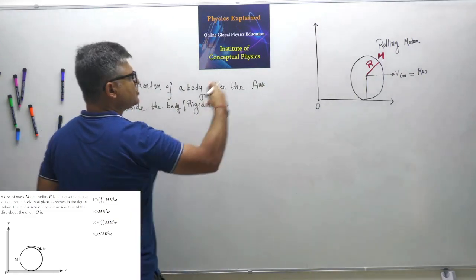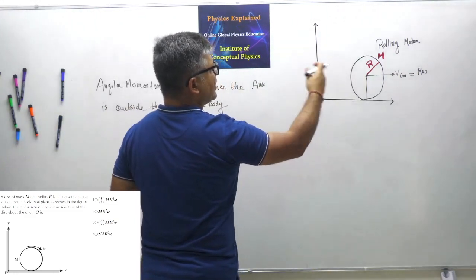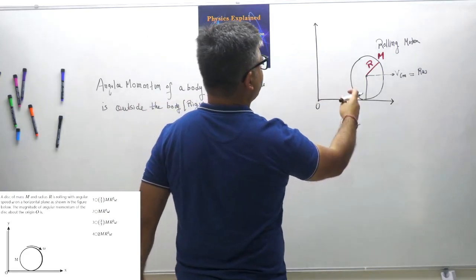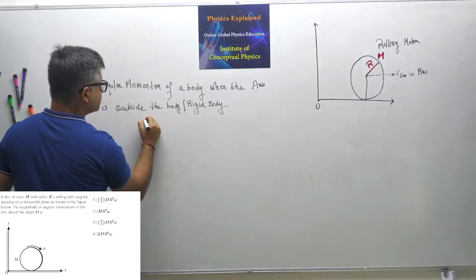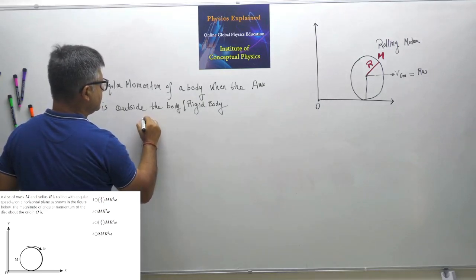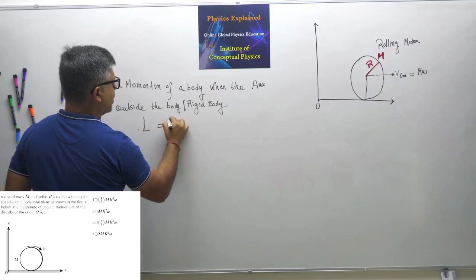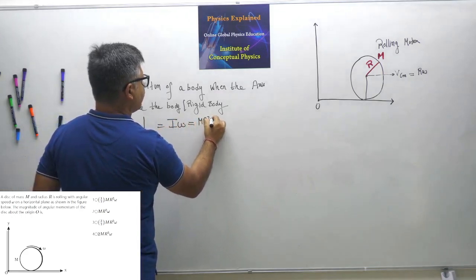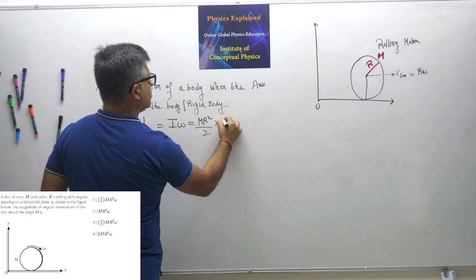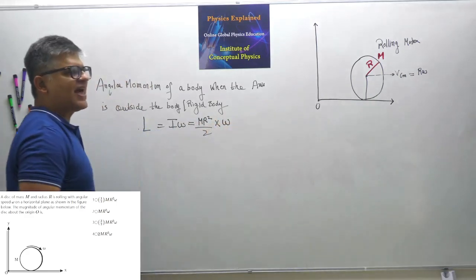If you have to find it, then L is equal to I omega is equal to mr square by 2 into omega, which is its angular velocity.